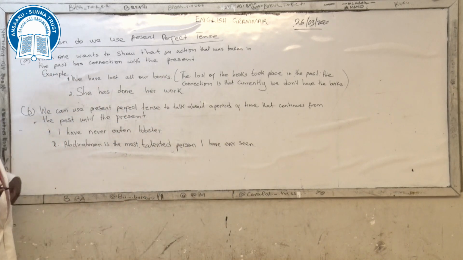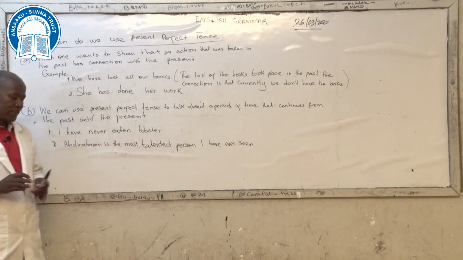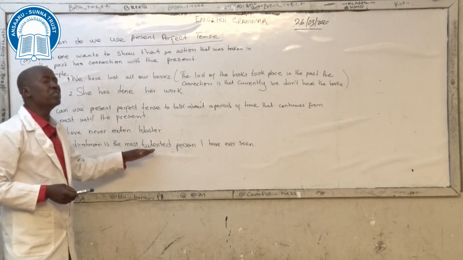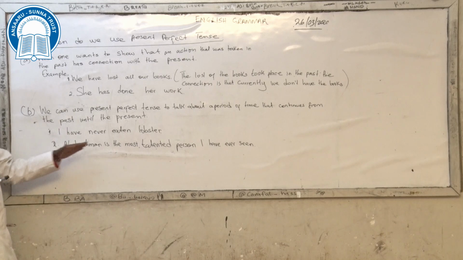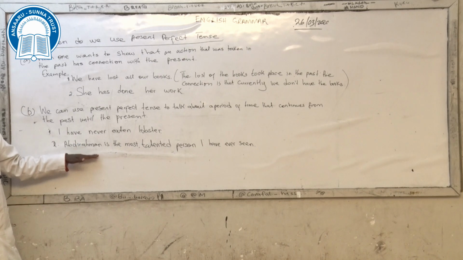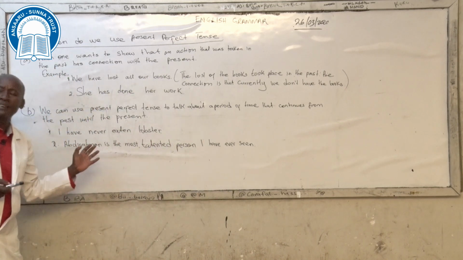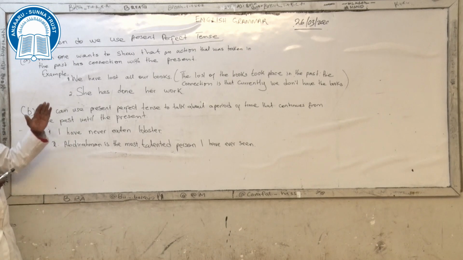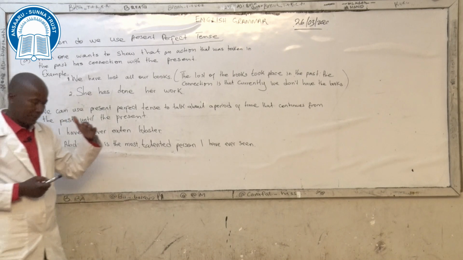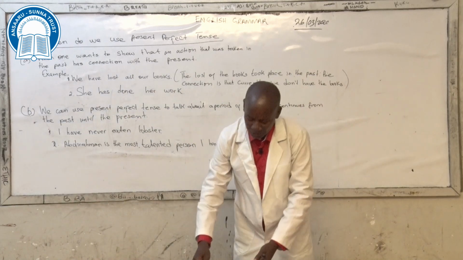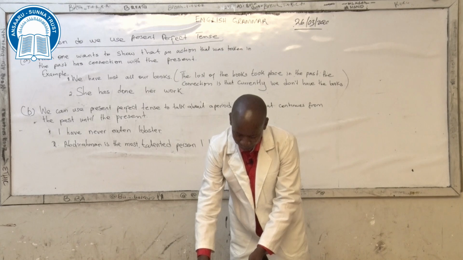Look at this. Of all the people, the action that began in the past is seeing a most talented person. So no other person has come or is seen other than Abdirahman. So the act of having seen is only one person, not any other. So the action began in the past and is still continuing. Maybe it will be replaced if he sees another person tomorrow that is most talented.